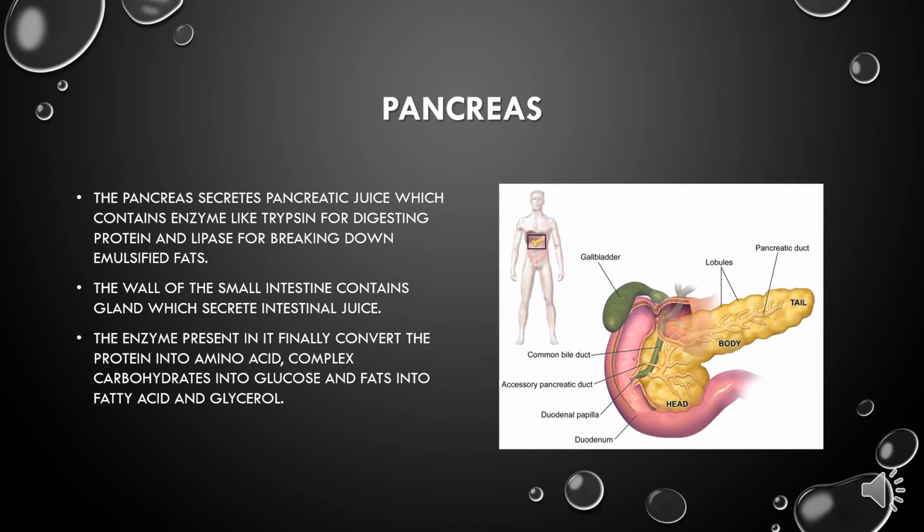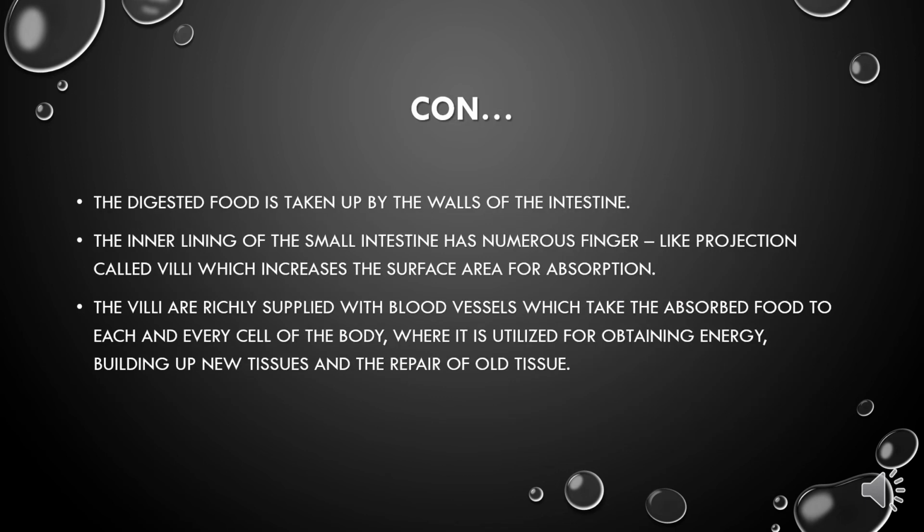The enzymes present in it finally convert protein into amino acids, complex carbohydrates into glucose, and fats into fatty acids and glycerol. The digested food is taken up by the walls of the intestine.